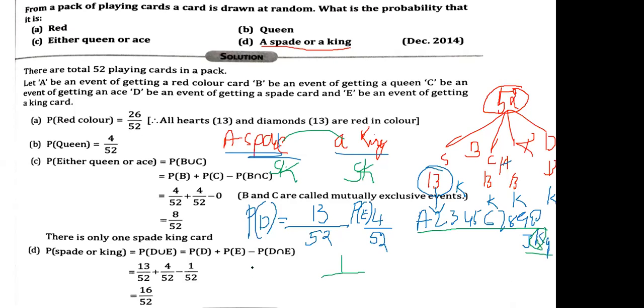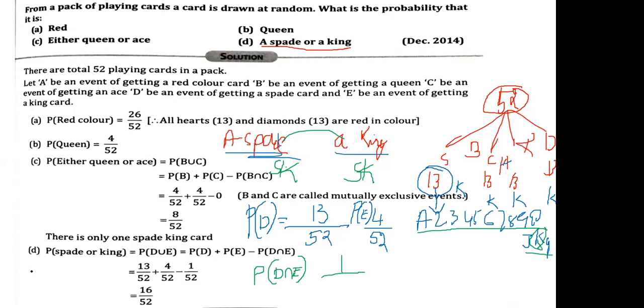Now, when it comes to common, what did I say? You have to use the probability of intersection, D intersection E. When it is common, it has to be intersection. When it is selection of one, it will be union.